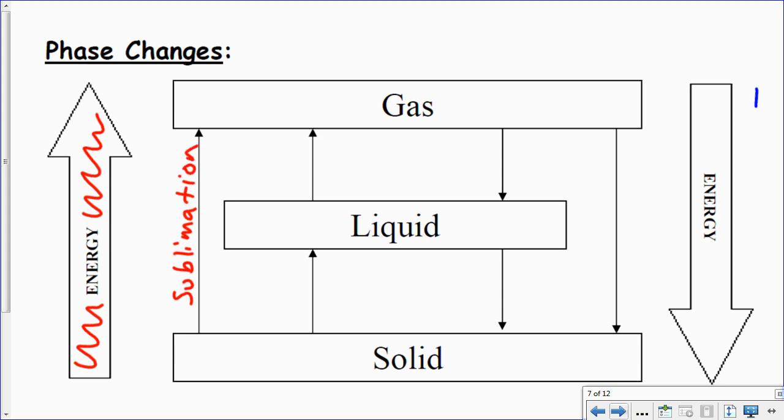And if I go from solid to liquid, we call that melting. And our new word is fusion. Okay? And from liquid to gas, we call that vaporization or boiling.